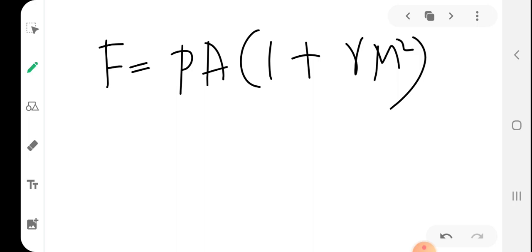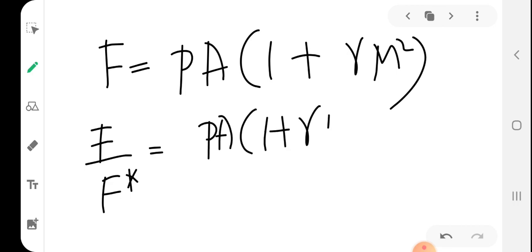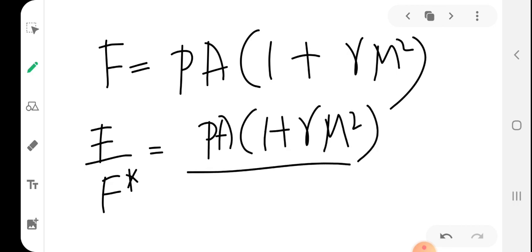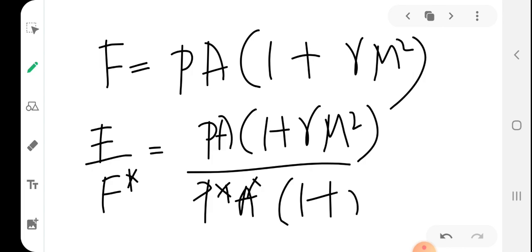For the sake of study, I am introducing a non-dimensional impulse function, F by F star. F by F star is PA into 1 plus gamma M square, divided by P star A star into 1 plus gamma M star square.